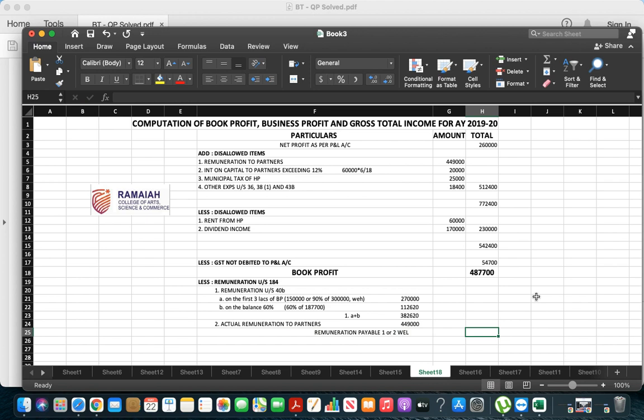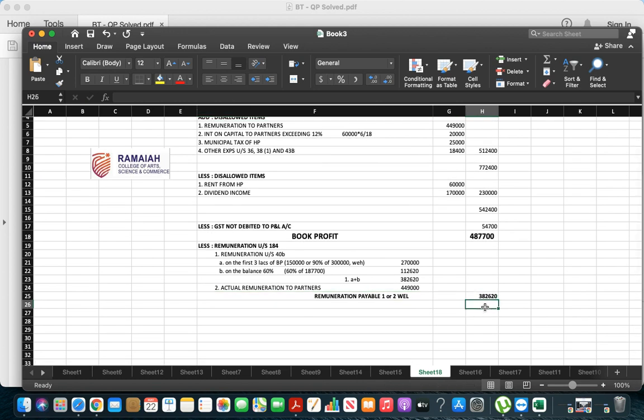So value will be 3 lakhs 80,620. So now tell me the value. 1,05,080. 1 lakh 5,080.